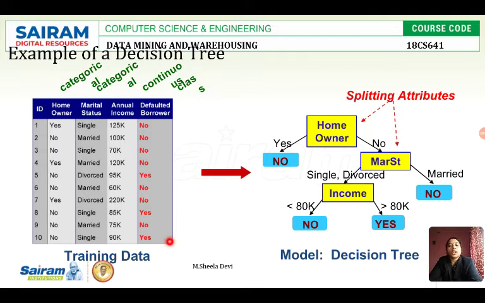If 10 cases are reported where all the unmarried people are not paying the loan, then our classifier model will come to the conclusion that unmarried people will not be paying the loan, they will be defaulted borrowers. This is how it learns from the training data.